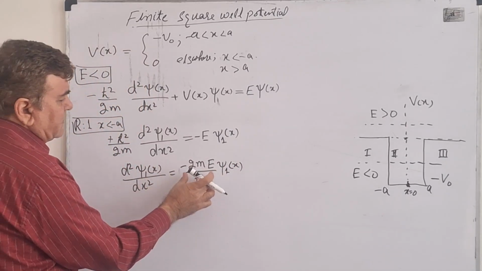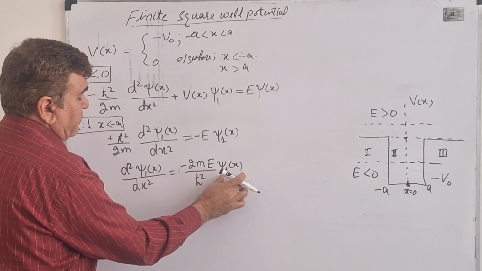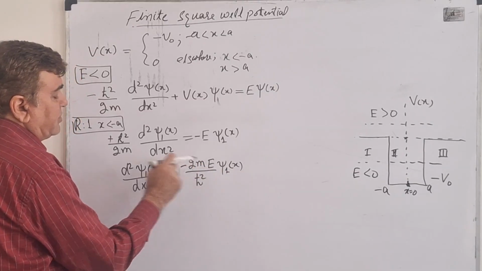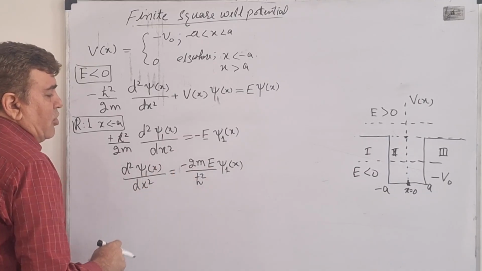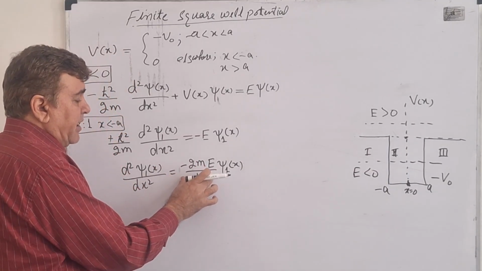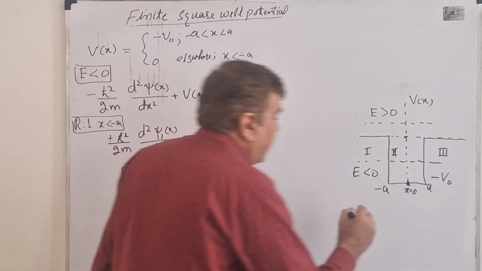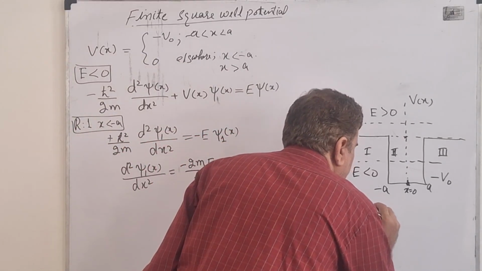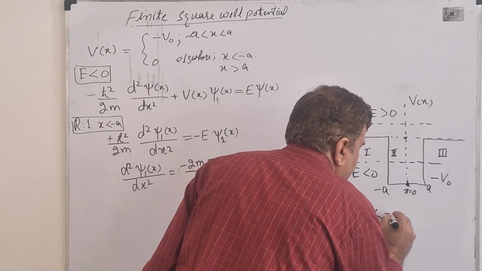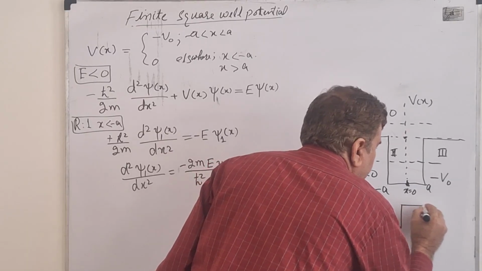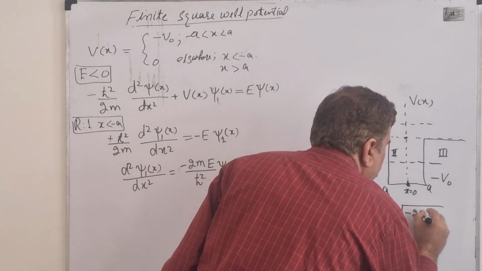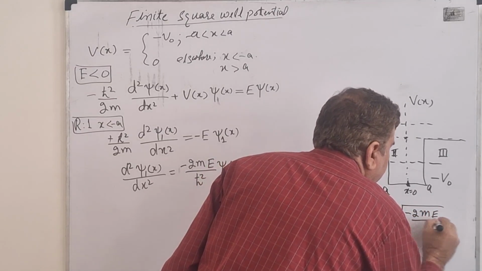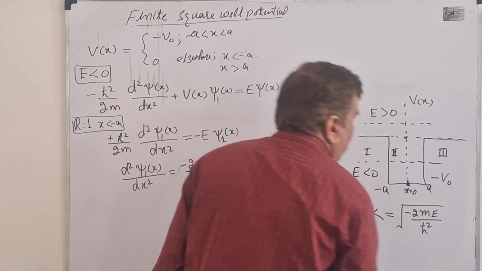Now look, this is a constant factor multiplying the wave function. E is constant, m, h bar, everything is constant. So I want to define another constant, which I'll call the energy parameter, and I call that parameter k. I can write this as k squared equals minus 2mE divided by h bar squared.